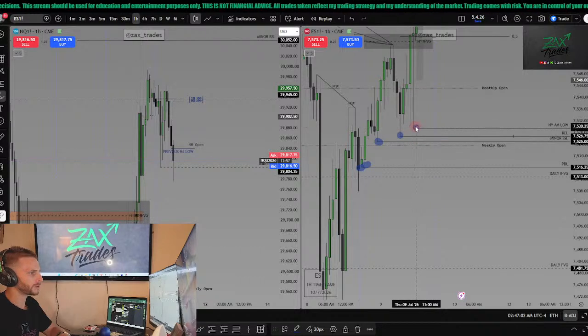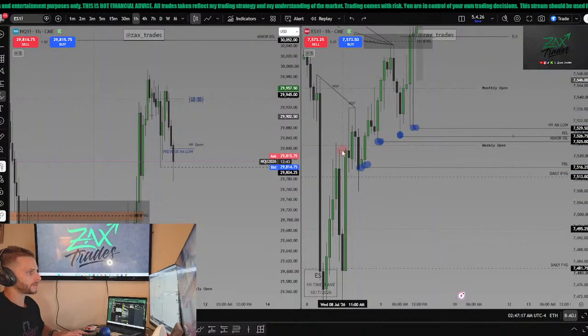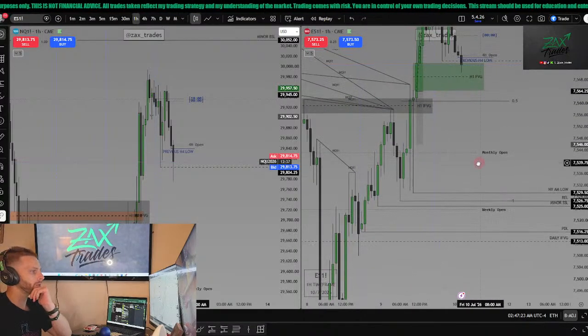And then you got New York AM low. This is New York AM low here. This is London low, Asia low, previous day low. That's a lot of relative equal lows right in this one spot. For me, that's very attractive to use as a liquidity target for a trade.